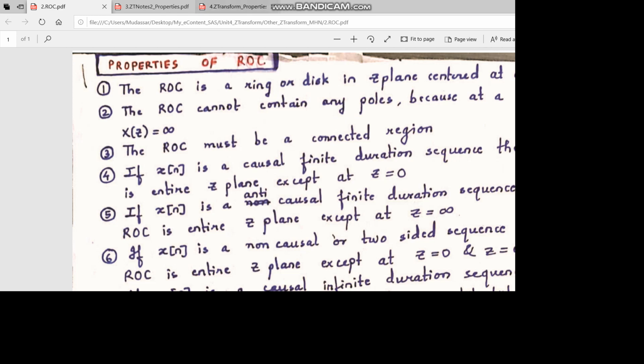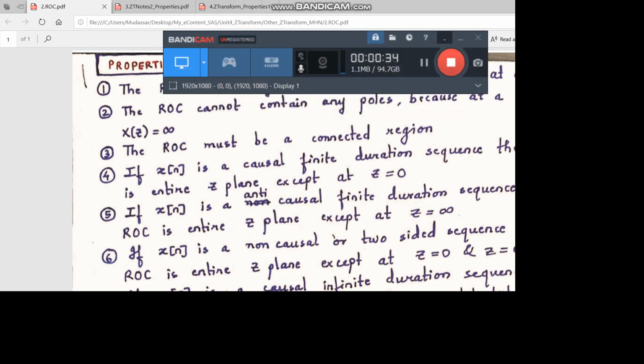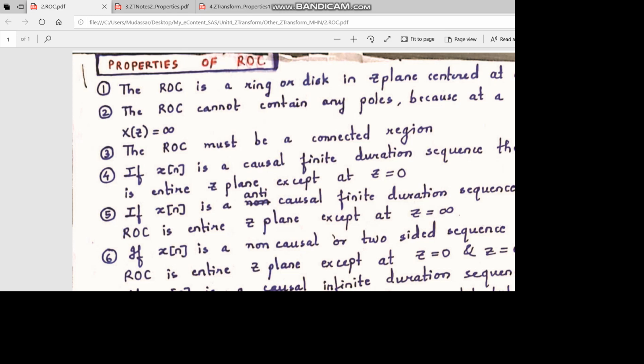Now, when we discuss the concept of Z transform, we understood that the ROC, the region of convergence, plays a very important role. In fact, the definition of Z transform is incomplete without ROC. So, whenever we find the Z transform of a sequence, it is compulsory to specify its ROC. Without ROC, a Z transform has no meaning.